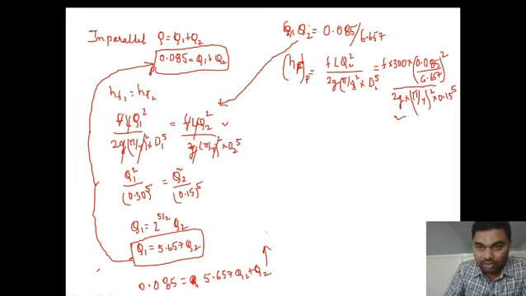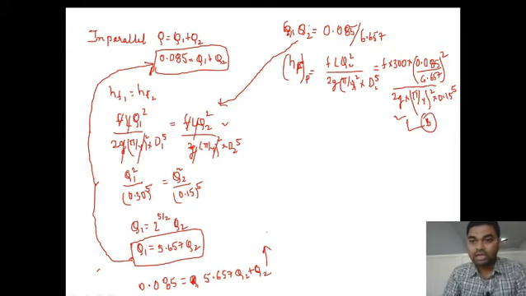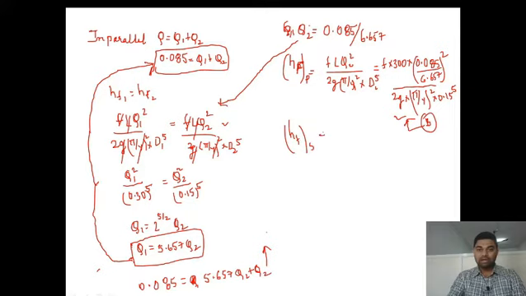Now, what we need to do? Let this equation be B. What we need to find out is the head loss in series divided by the head loss in parallel.